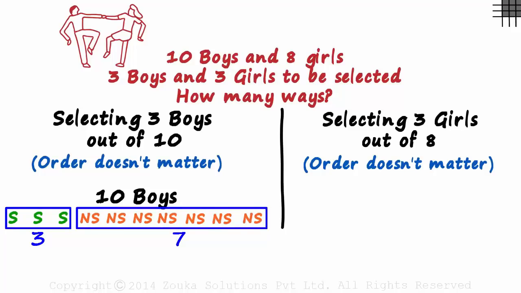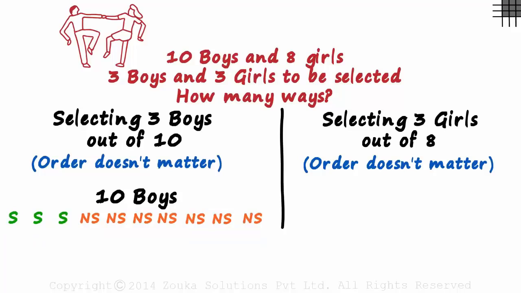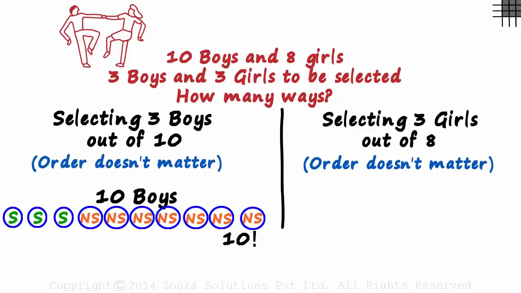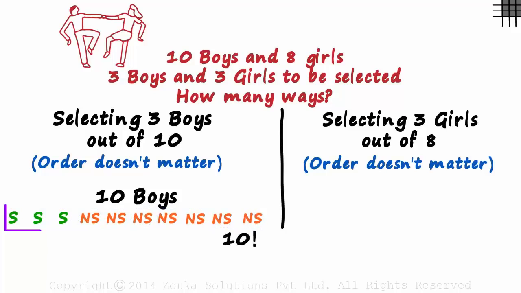And this becomes a classic case of the anagram problems we have seen. There are 10 people, so 10 factorial will include all possibilities. Now this 10 factorial assumes that each of these 10 cases is different. But that's not true. These 3 are not distinct and these 7 also are not distinct.